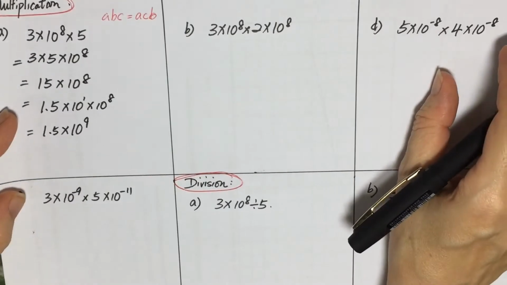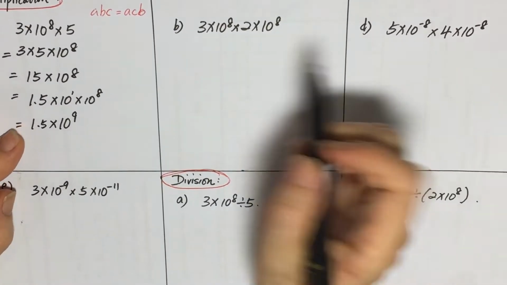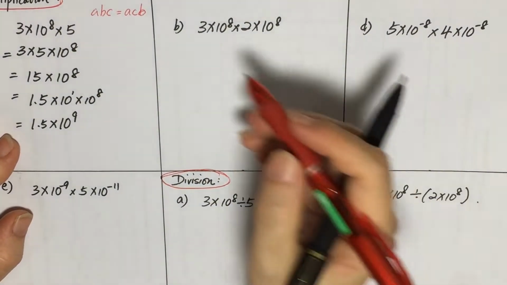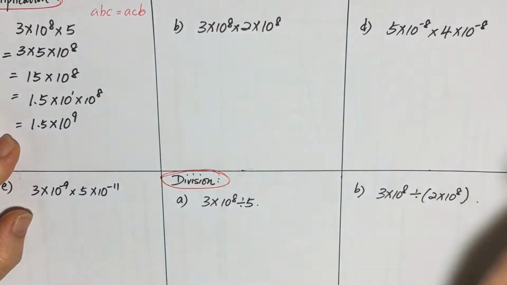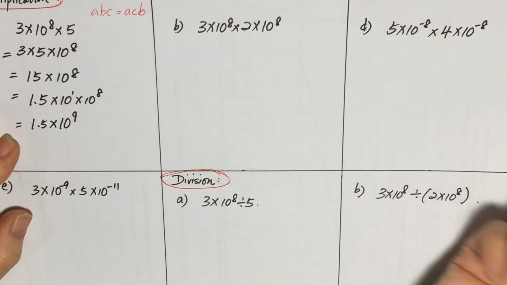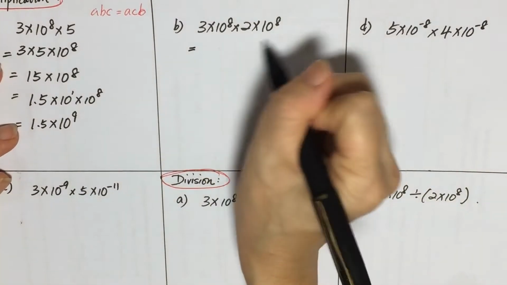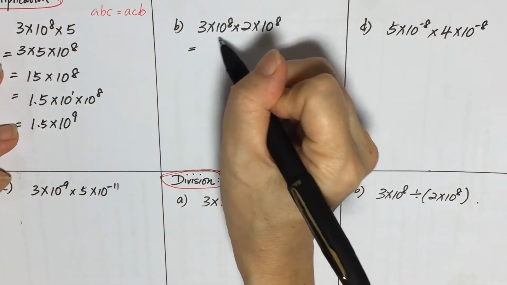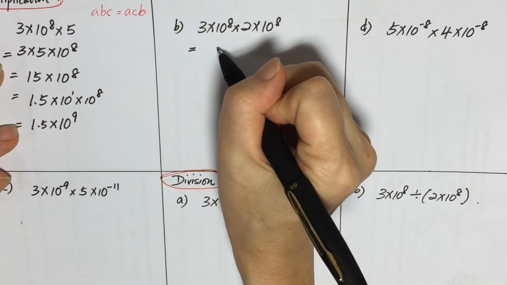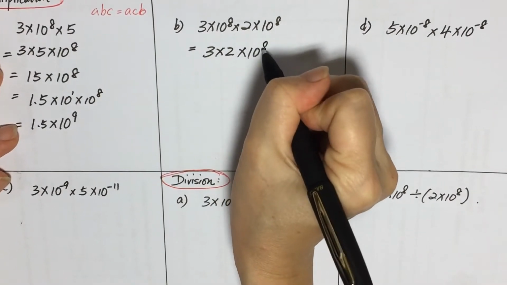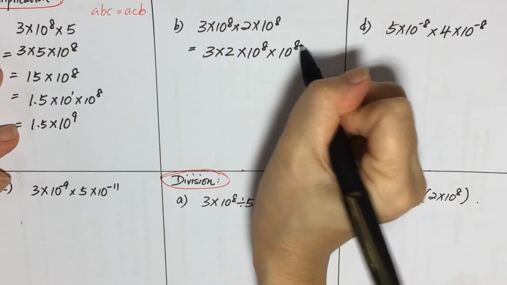Second question. I have A times B times C times D. Because multiplication is commutative and associative, whichever order you do, it doesn't matter. So I can rearrange the order so that I get 3 times 2 and then times 10 to the power of 8 times 10 to the power of 8.